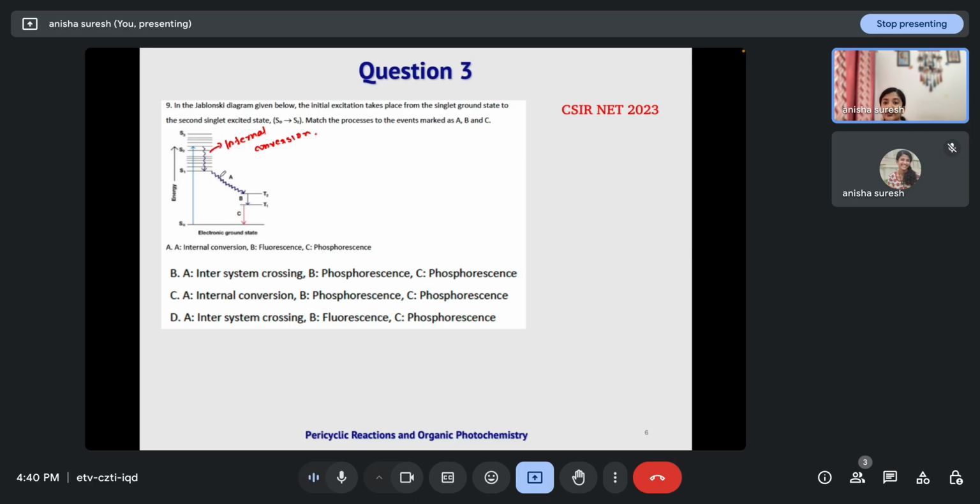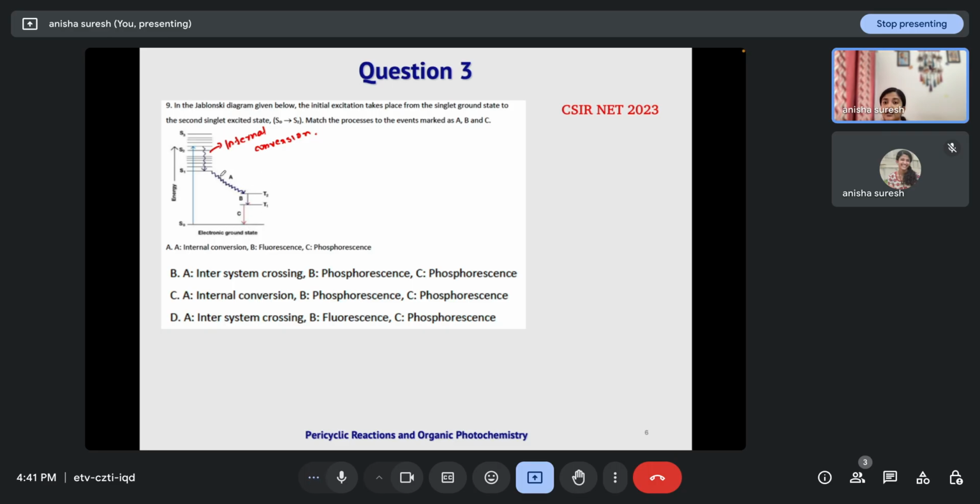Now they are asking to find out what is this A. Here S1 to T2 is a non-radiative pathway, that is A. Then from T2 to T1 a radiative process is taking place, and from T1 to S0 another radiative process is taking place. So what is A, B and C?